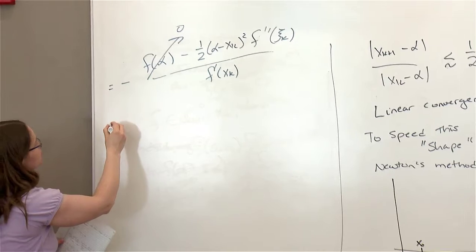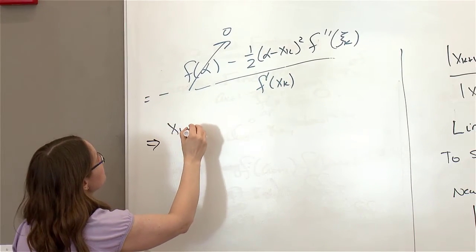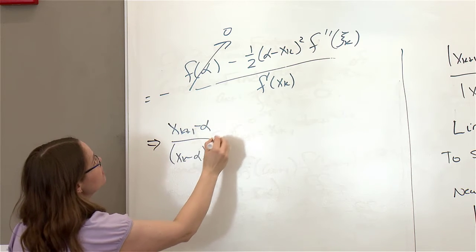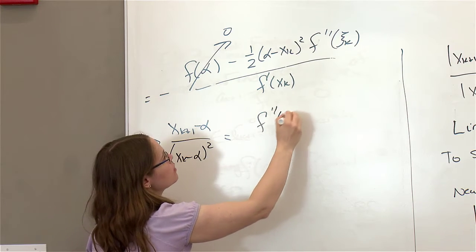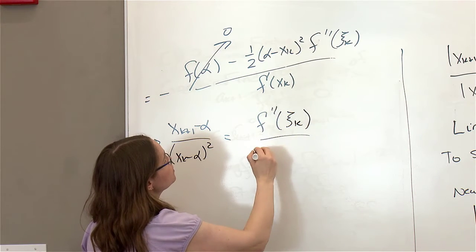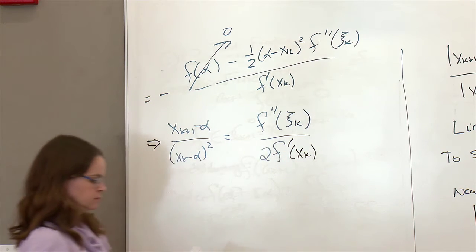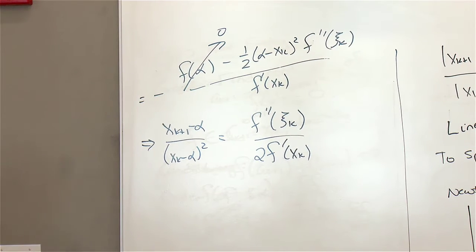So if I rearrange this a little bit, what do I have? I have xk plus 1 minus alpha over xk minus alpha squared is f double prime somewhere over 2 times f prime. And now we're interested in what this does.